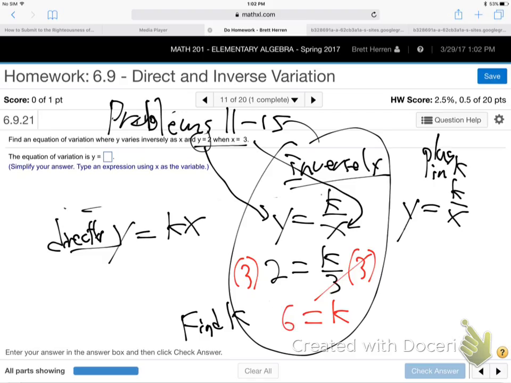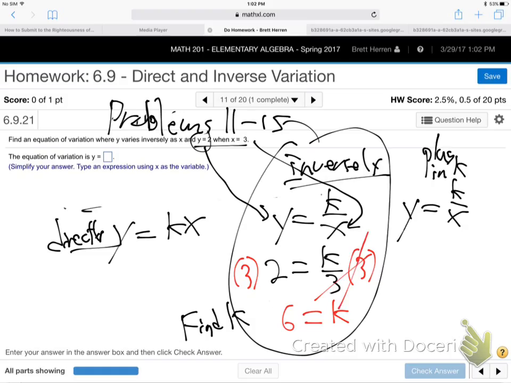So k is 6. See what happened there? Whenever you have a denominator, you got to multiply both sides, right? See how we're always doing the opposite operation? If you have something divided, you multiply it. Multiply, you divide.